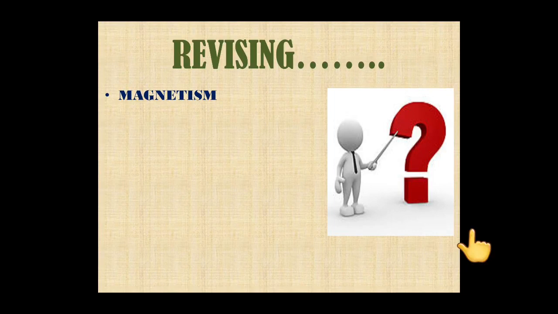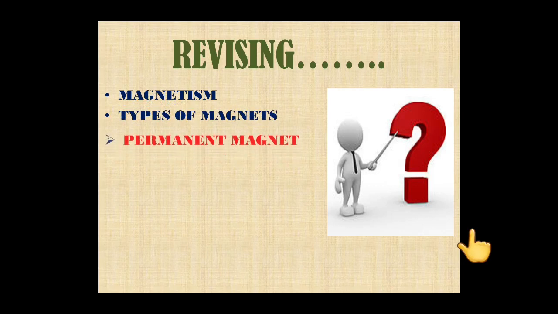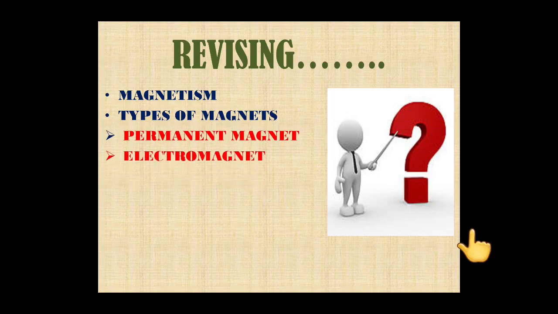It is the force of attraction or repulsion between magnets and magnetic materials. Then you saw that there are two types of magnets. Which are they? Yes, permanent magnet, that is having permanent magnetism, and electromagnet, which is a temporary magnet.